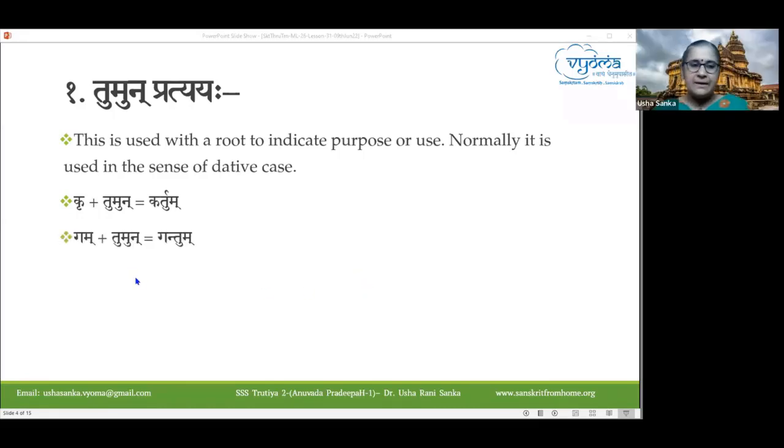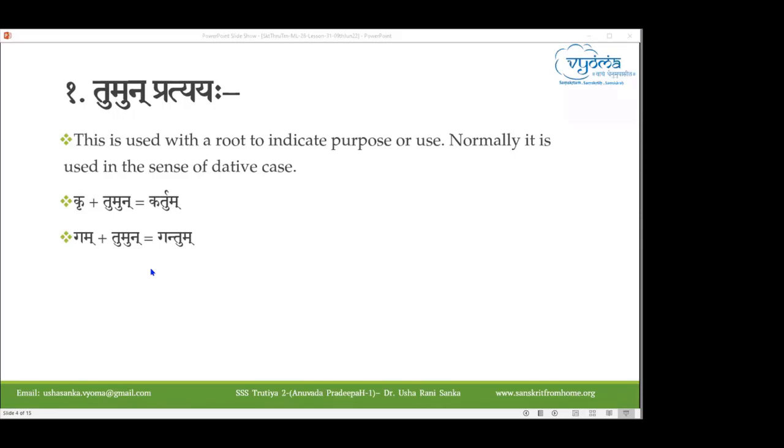So Madhavi Bhagini will tell what is gamtum. Namaste, Mahodaya. Gam is to go. Gantum is the action of going.